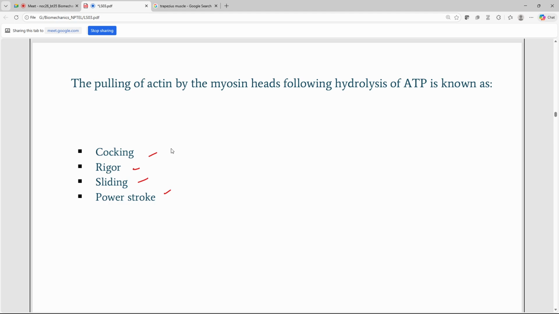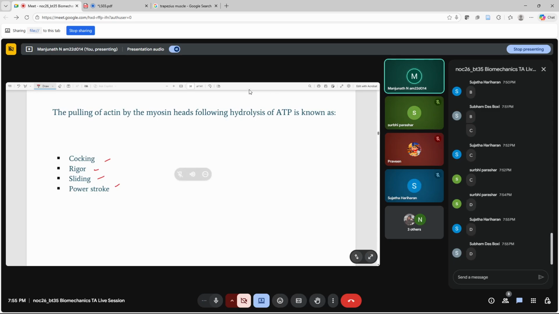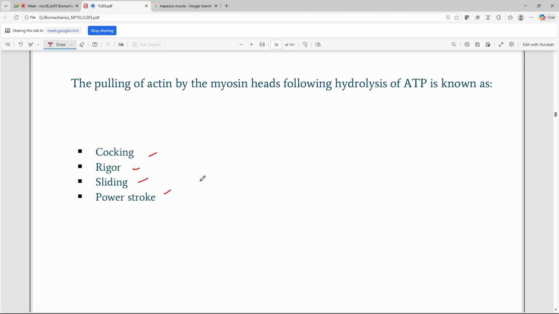What is the word we use for pulling action of actin? Yes, option D, power stroke.